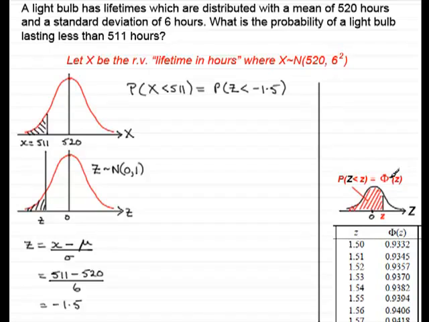Now phi of z, I've drawn a little diagram up here, is the probability of being less than an observed value z. The only problem is that the z values have to be positive z values. And we've got a negative z value here, minus 1.5.